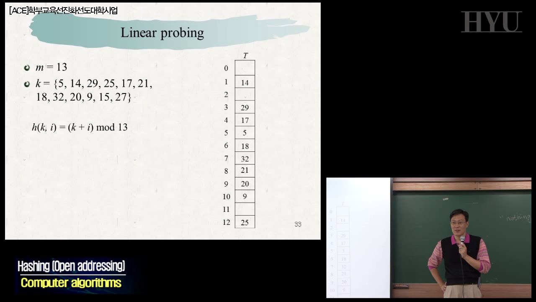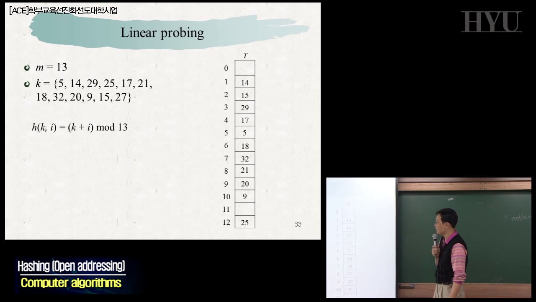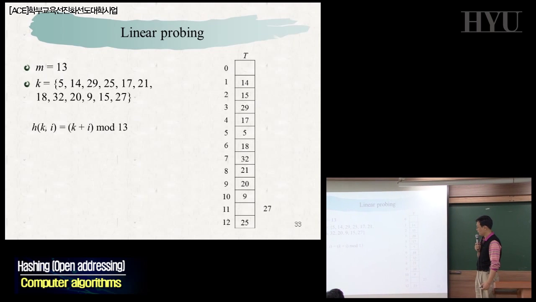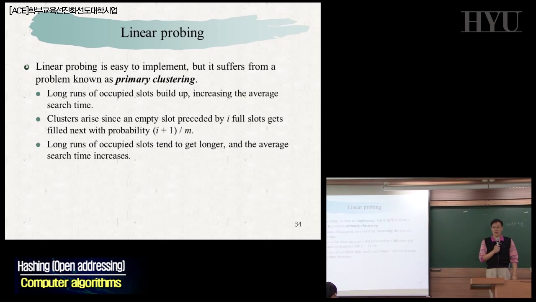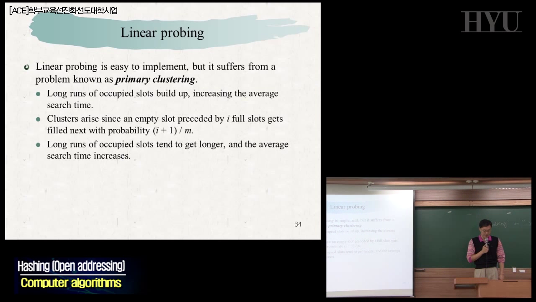Okay? That is the problem of linear probing, and it is called primary clustering. Long runs of occupied slots build up, increasing the average running time.